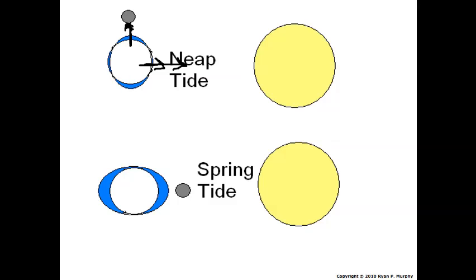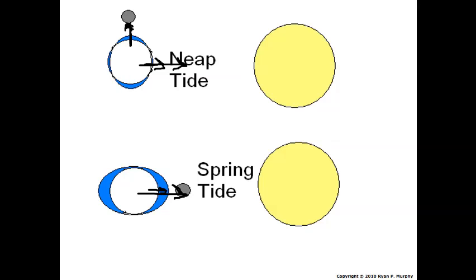In the case of a spring tide, you have both the moon pulling in this direction and the sun pulling in this direction. So they're working together in this case. And so in neap tides, the tides are not as extreme. They're kind of towards the middle. You don't get really low tides, and you don't get very high tides.